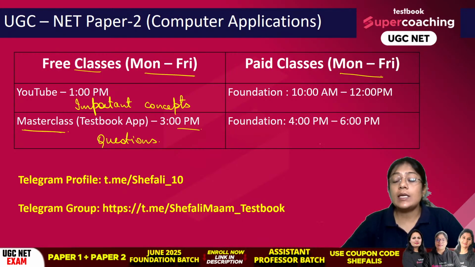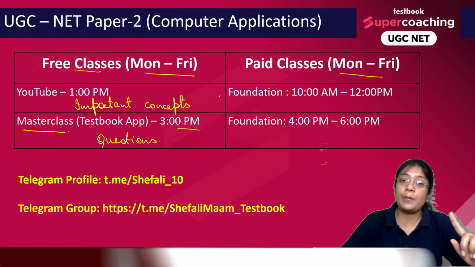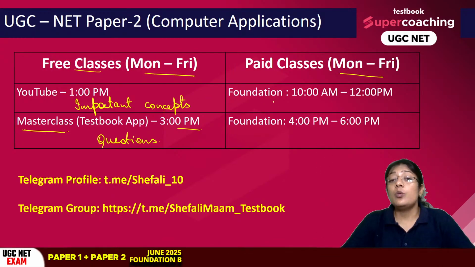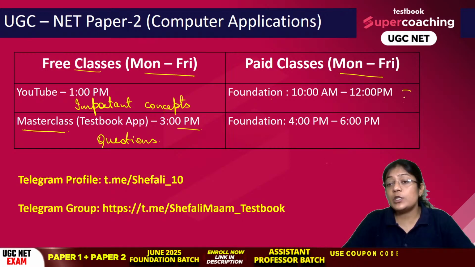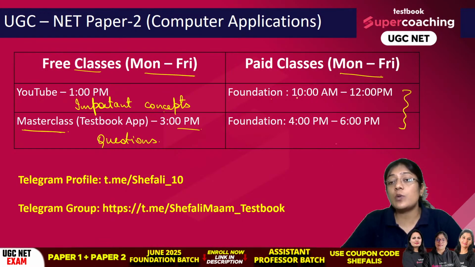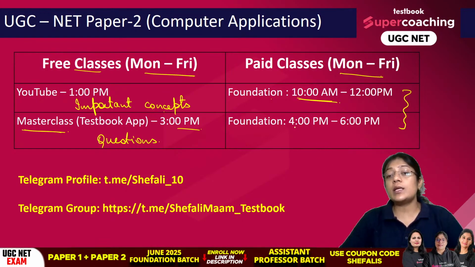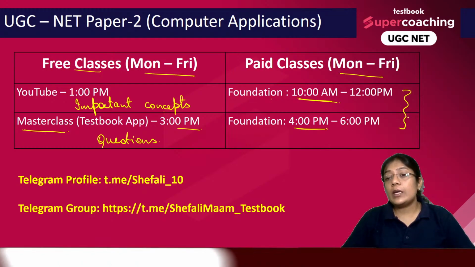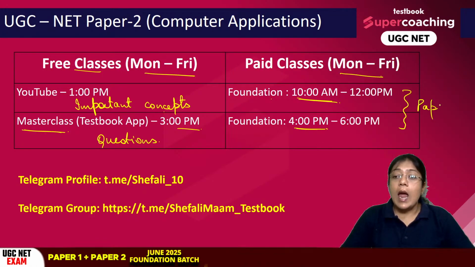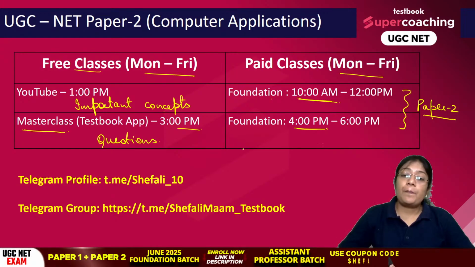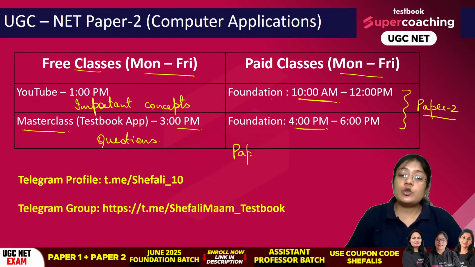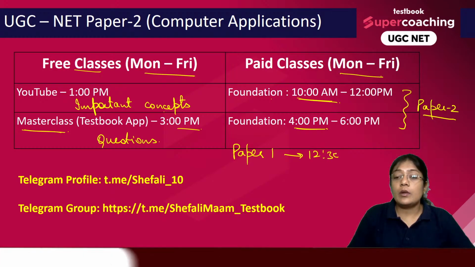And apart from that, in the paid classes, foundation में difference क्या था, यहाँ पे कॉन्सेप्ट कवरेज के लिए हमारे पास एक ही सेशन है. Whereas in the foundation for paper 2 daily we are having 2 sessions, one in the morning at 10 a.m. and second one is in the evening at 4 p.m. This is for paper 2. And paper 1 की class afternoon में होती है, that is at 12:30 noon.